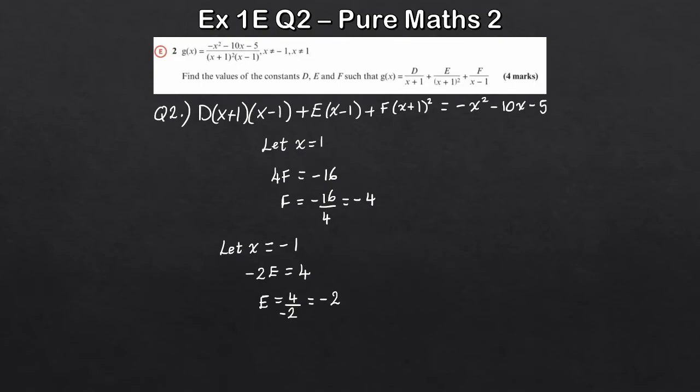So then with the first two constants, how do we now work out the final constant? So we need to work out d now. So how do we work out d? Well, to work out d, we need to consider the x squared terms. Okay. So in our equivalent bit here, this is minus x squared, so the x squared is equal to minus 1. And I need to consider what happens now with my other two x squared terms. So I've got an x squared term over here, if you expand this out, and I've also got one over here.